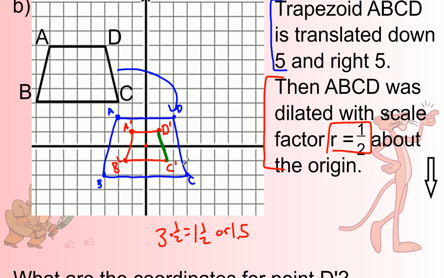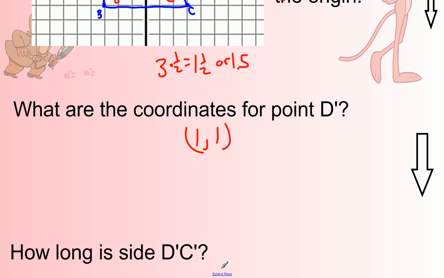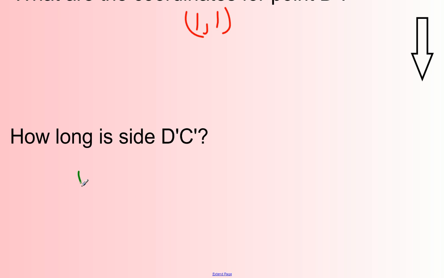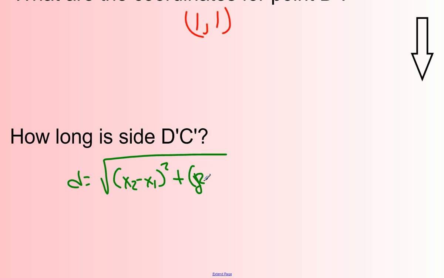Now, that's kind of a diagonal distance. There's two ways I can think of off the top of my head. I'm sure there's many more. One way is we can use the distance formula. If you're trying to find out how long something is in a coordinate plane, the distance would be the square root of x2 minus x1 squared plus y2 minus y1 squared.